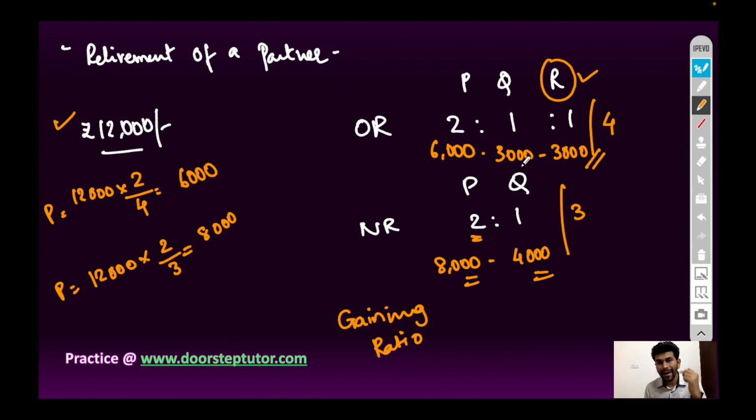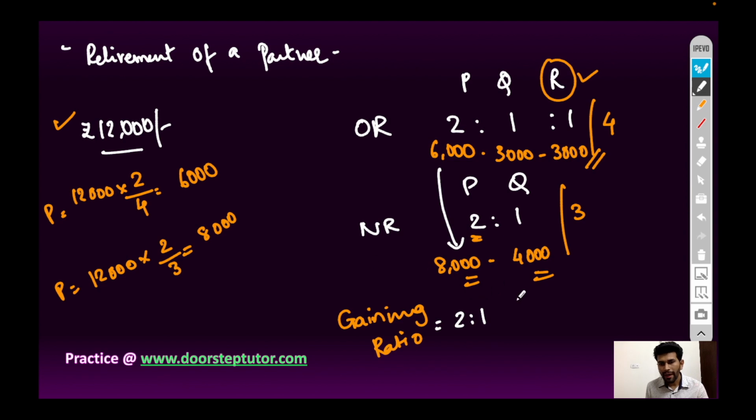So they are getting additional profit which belongs to Mr. R. So 3,000 rupees is distributed among P and Q. Now profit of Mr. P has increased by 2,000 rupees and Mr. Q by 1,000 rupees. So profit gaining ratio is 2 is to 1.